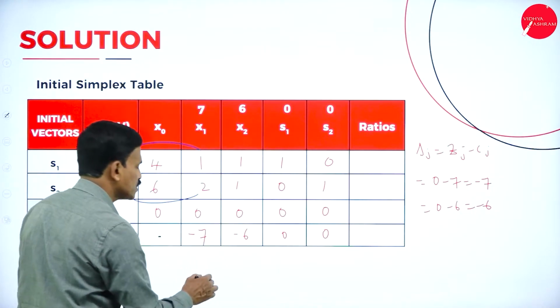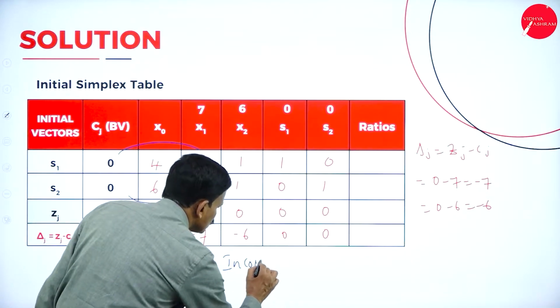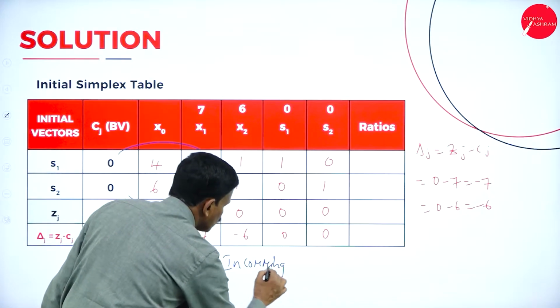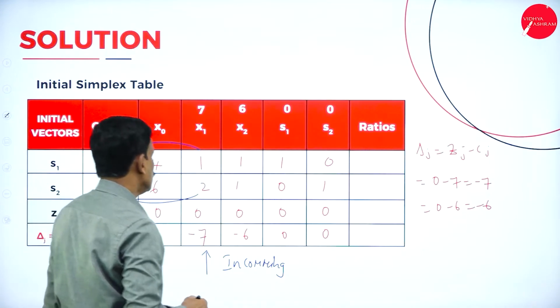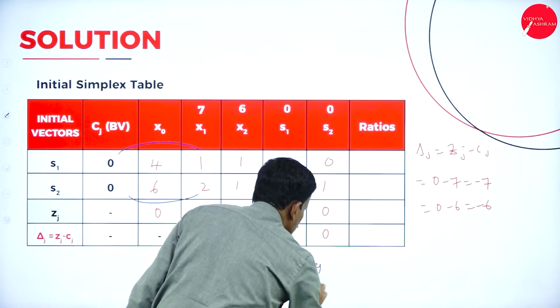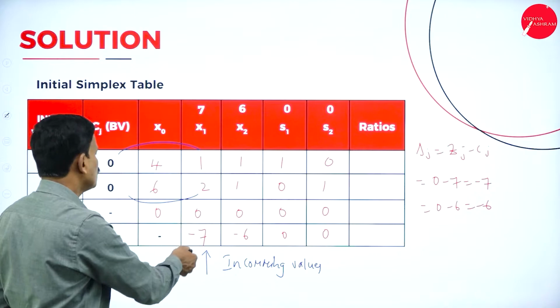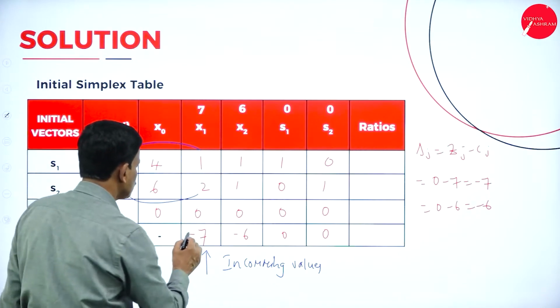Therefore this is called an incoming variable, or since this is a column, you can also call it the incoming column. So let us mark this.